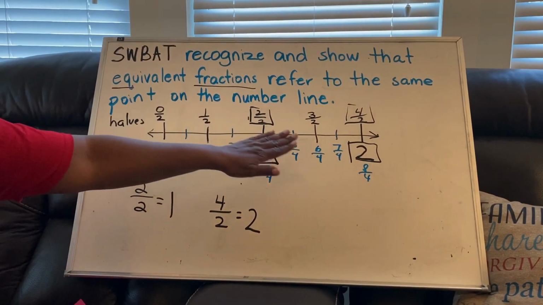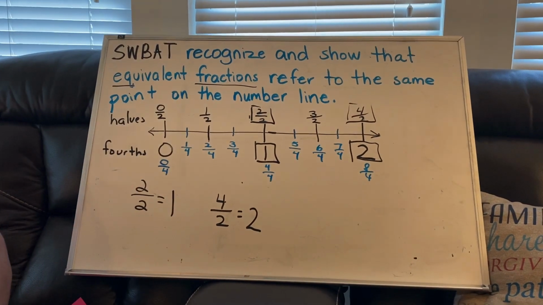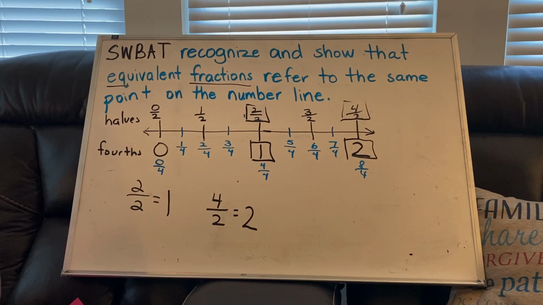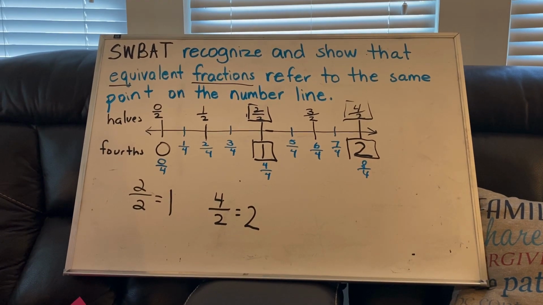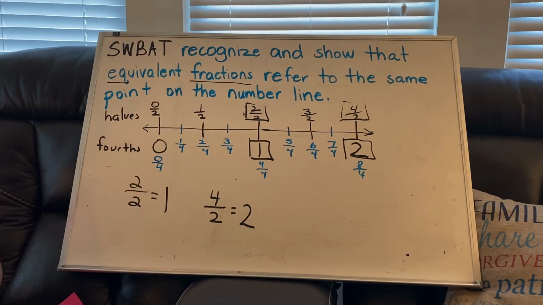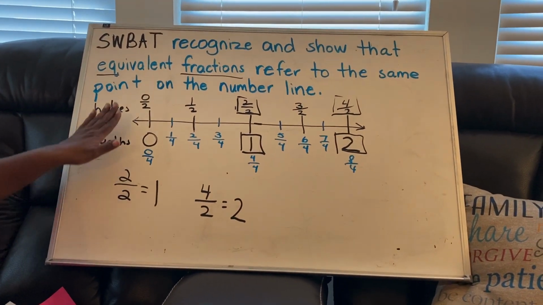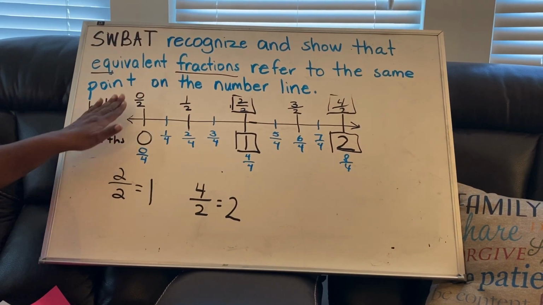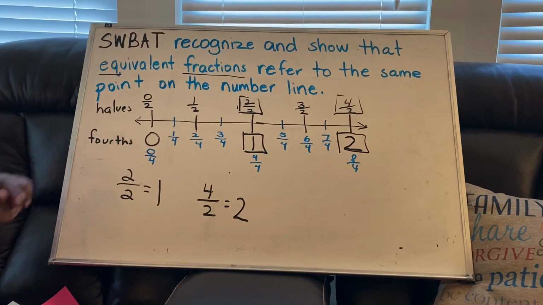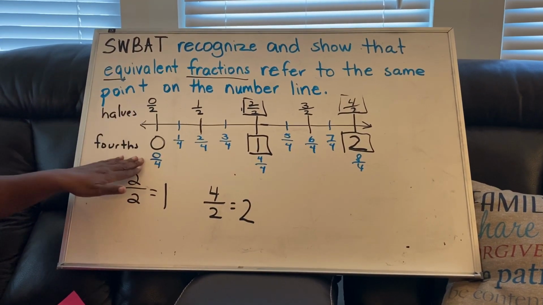Okay, take another look at the number line where halves and fourths are both represented on the same number line. And think, discuss with someone, what does it mean when two fractions are at the same point on the number line? So that you can see halves, of course, is not the same size as fourths.